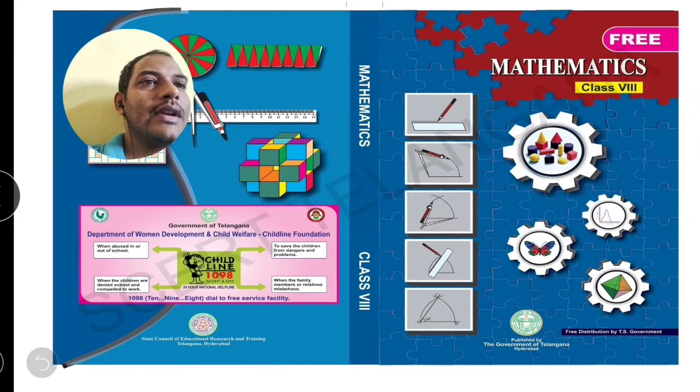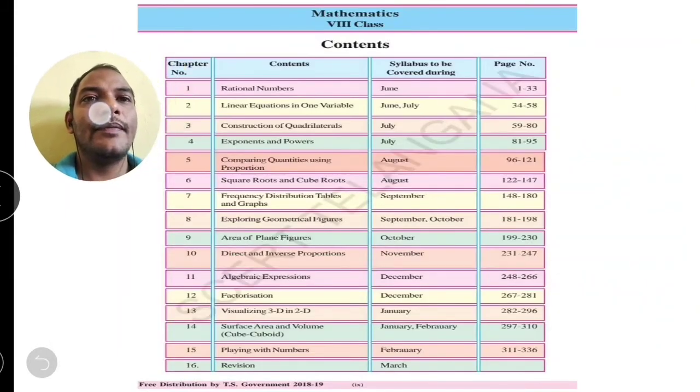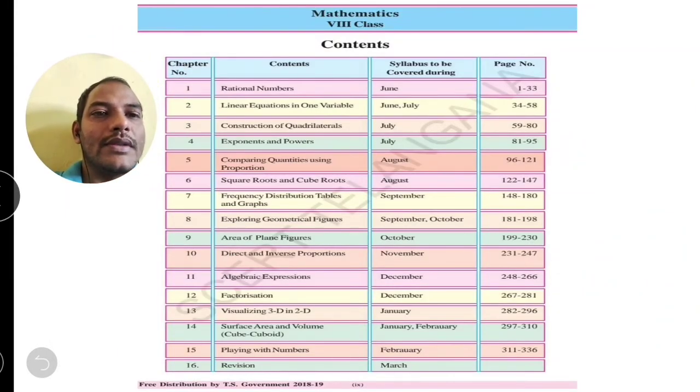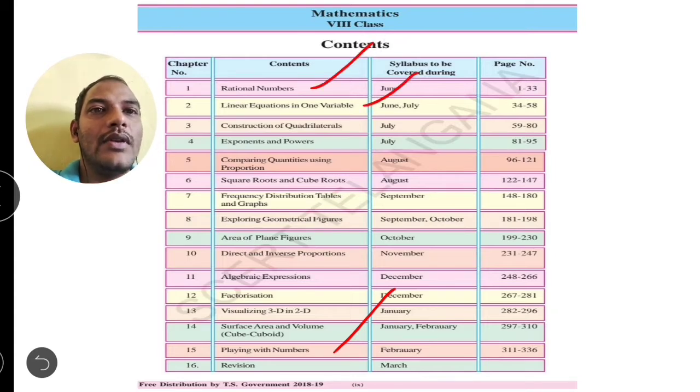So this is our 8th class textbook, front and back side page. In this 8th class we have a total of 15 chapters. First chapter, rational numbers, linear equation in one variable, construction of quadrilaterals, exponents and powers.